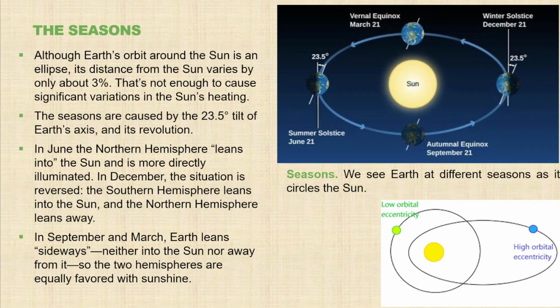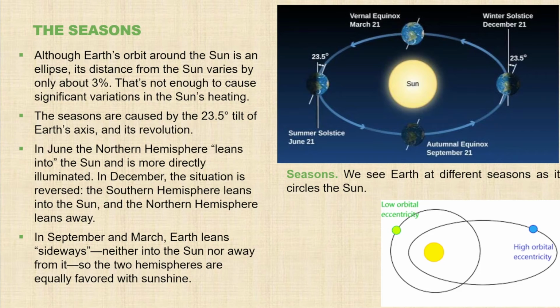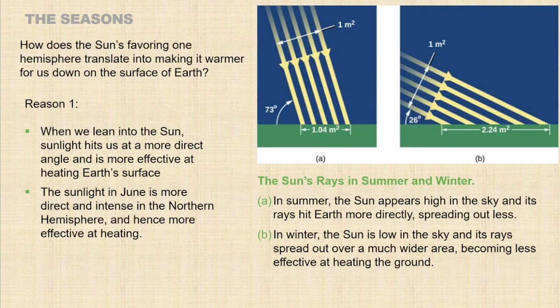And so that's one of the reasons, 23.5 degrees tilt. But what's the physics behind it? What's actually happening? There are two reasons that the temperature rises, and one of them has to do with the surface area coverage by the light, because of this tilt here, which is equivalent to that, this angle is bigger.